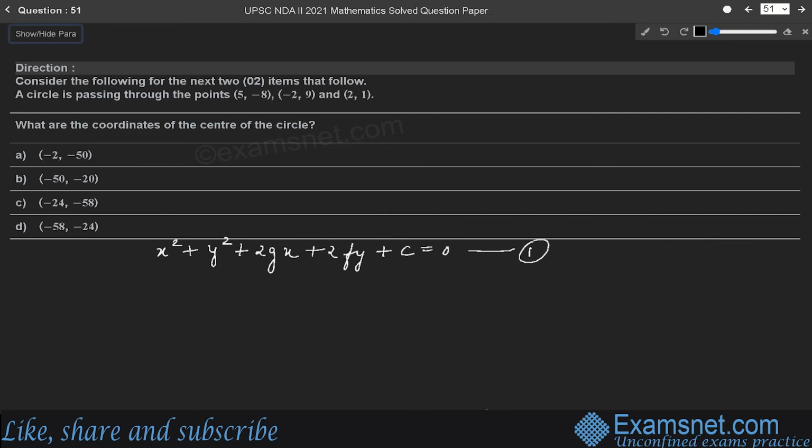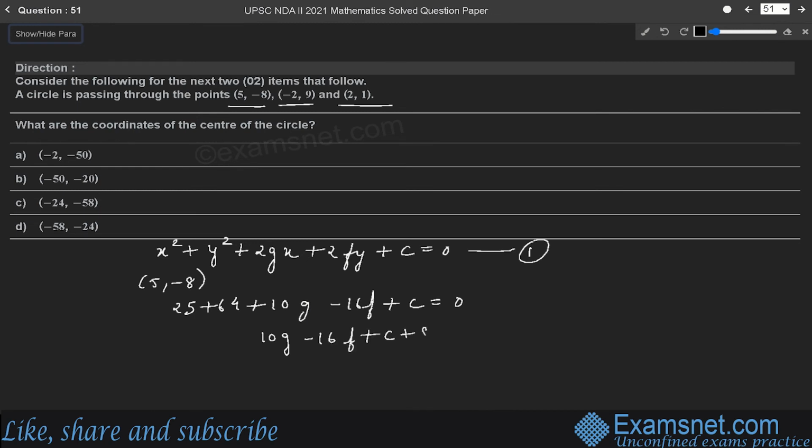It is given in the question that it passes through the points (5, minus 8), (minus 2, 9) and (2, 1). So if the equation passes through the point (5, minus 8), it will be 25 plus 64 plus 10g minus 16f plus c equals 0, that is 10g minus 16f plus c plus 89 equals 0.